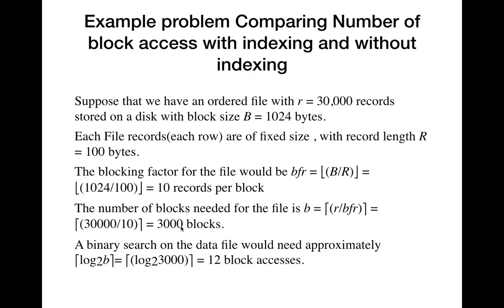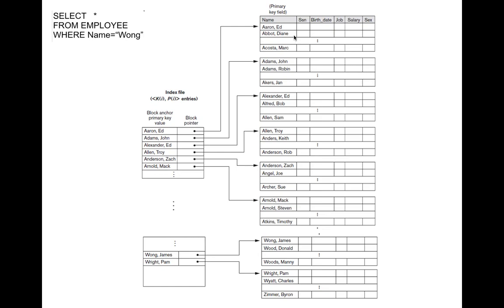Now, we are actually performing a binary search over these 3,000 blocks to reach a particular record. So performing a binary search over these 3,000 blocks means it would come to an average complexity of log to the base 2 of 3,000, which is 12 block accesses, which means we would have to search at least 12 blocks to reach the block where our particular record lies.